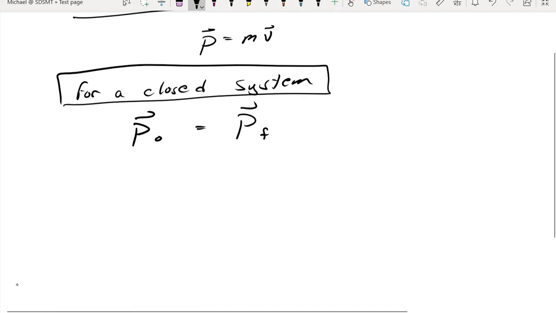This follows suit with the first law of motion that says that an object with constant velocity will maintain constant velocity unless it is acted on by an outside force. The only way that we can have an outside force act on our object is to bring another object into play.